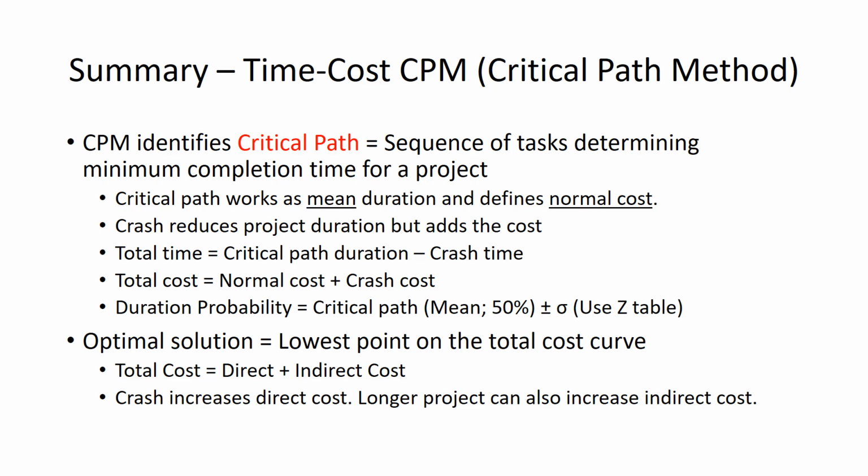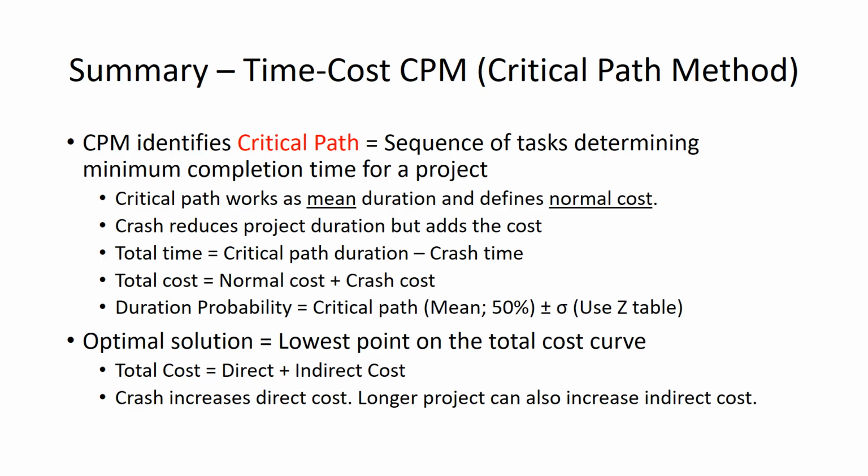Duration probability, when the critical path duration is located right in the middle as the average, in other words mean, plus minus sigma. To find the specific value, we can use the Z table. An optimal solution of time cost CPM is the lowest point on the total cost curve.